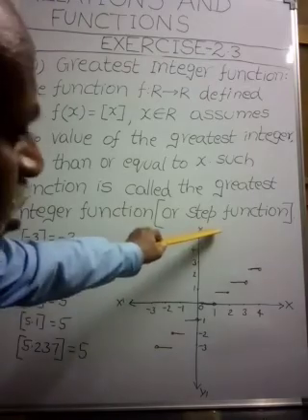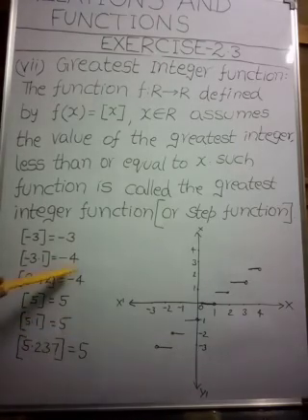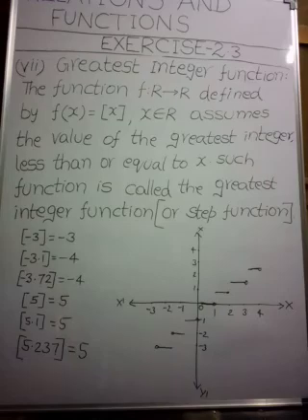So it is also called step function. Okay, my dear children. And moreover, if you observe the range, the function values are all integers. It may be positive integer, it may be negative integer, or 0 also. Step 0 is 0. So the range of the greatest integer function is the set of integers. Remember this point, my dear children? Okay, right.